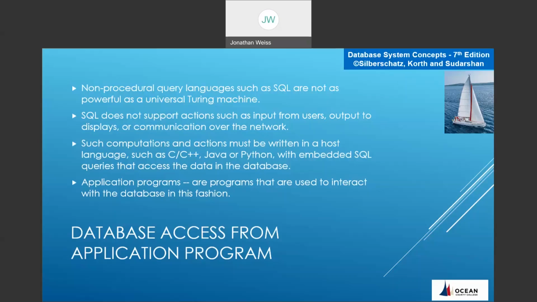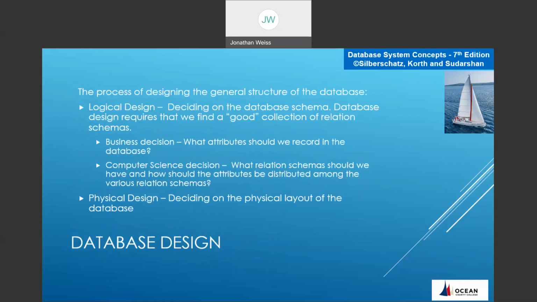A Turing machine is this thing that transitions from state to state, and it was invented by Alan Turing, who is, in my opinion, the father of computer science, one of the fathers of at least programming in computer science. Okay. So we've already talked about how SQL is not procedural, so therefore it's not a Turing machine. That's all that needs to be said about that, other than the interesting history lesson.